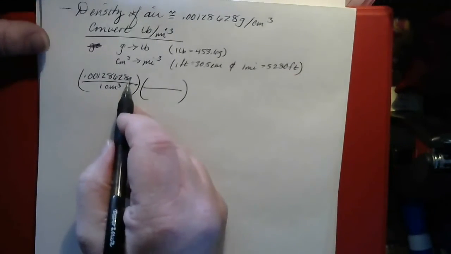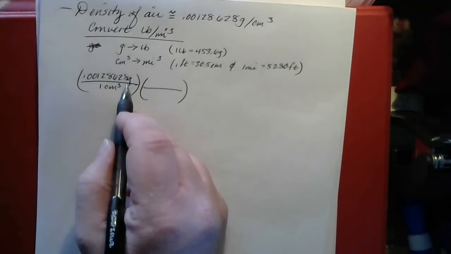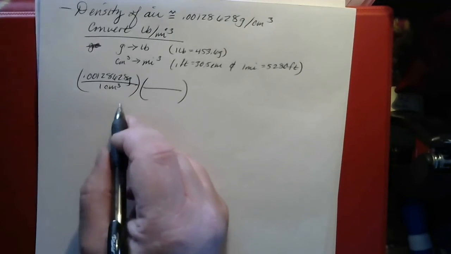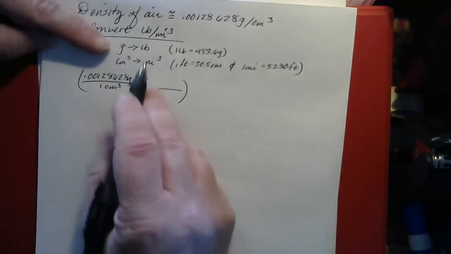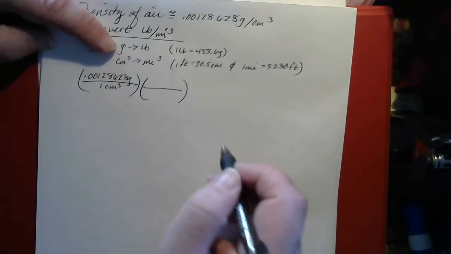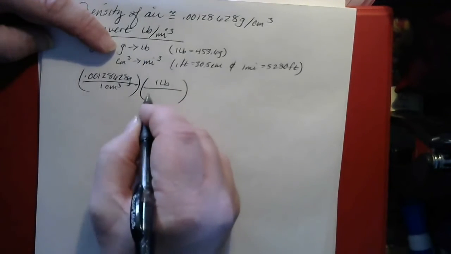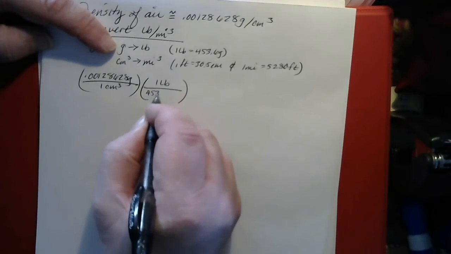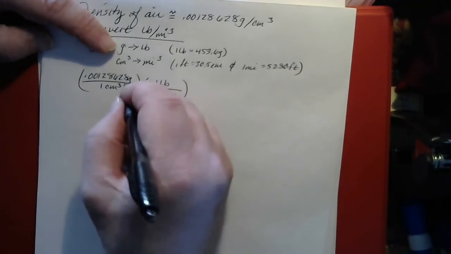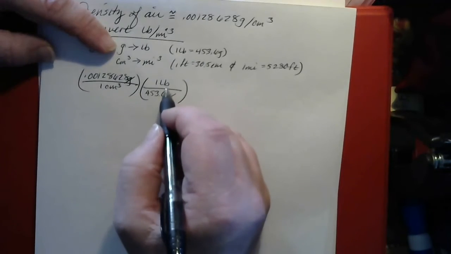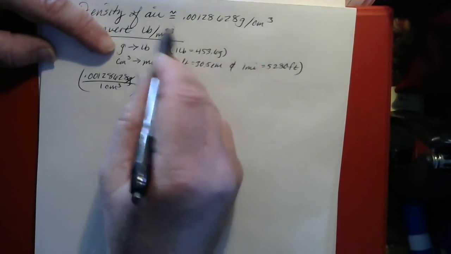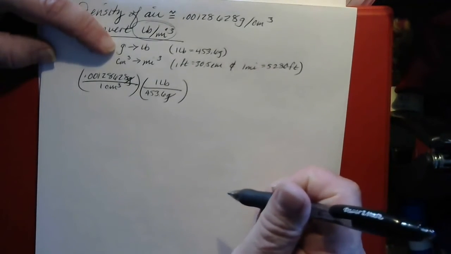If we're converting the top unit first and the bottom unit later, then we're going to want to go to pounds. And we have 1 pound is equal to 453.6 grams. Grams we want on the bottom so that they'll cancel, and we want pounds on top because pounds per cubic mile are the units we're looking for.